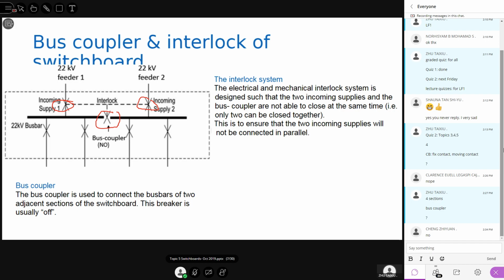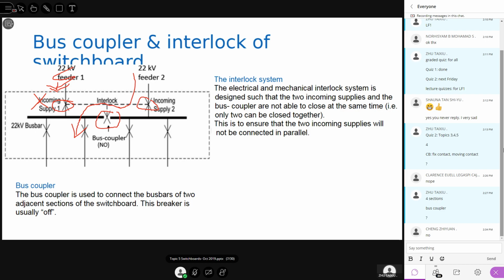Basically, the bus coupler serves as a backup power supply. If something goes wrong here, this circuit breaker will trip, so you can restore the supply from here by closing the bus coupler. Basically, it improves reliability.